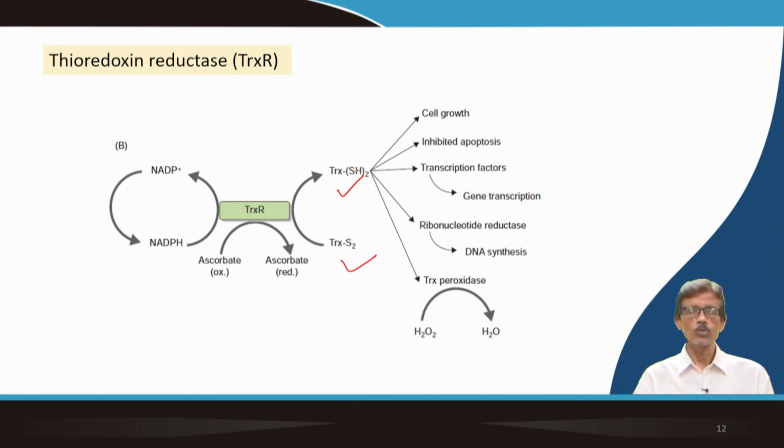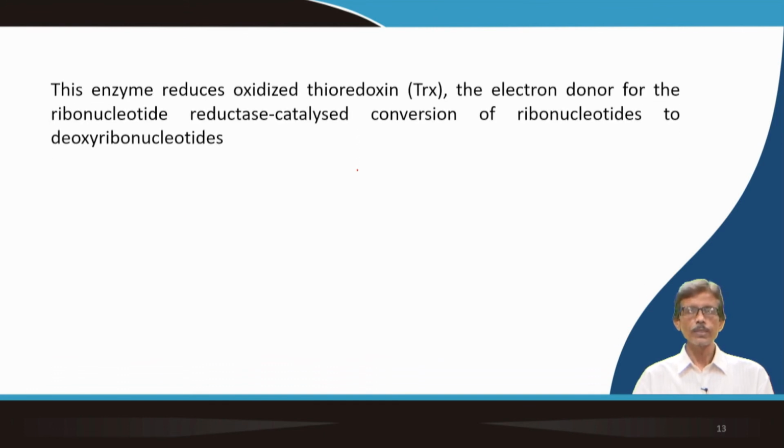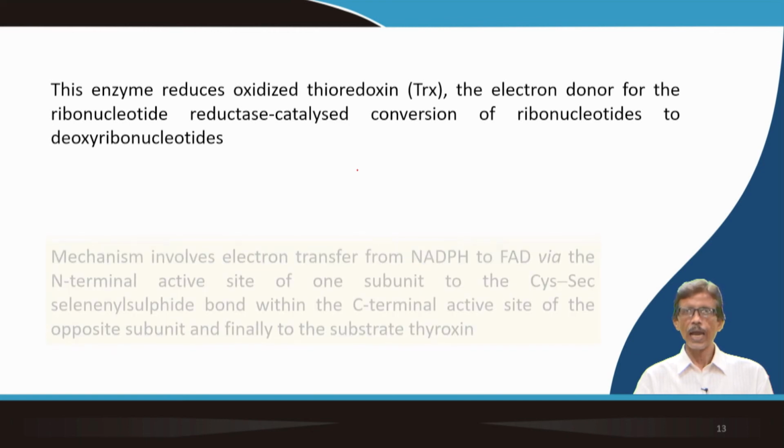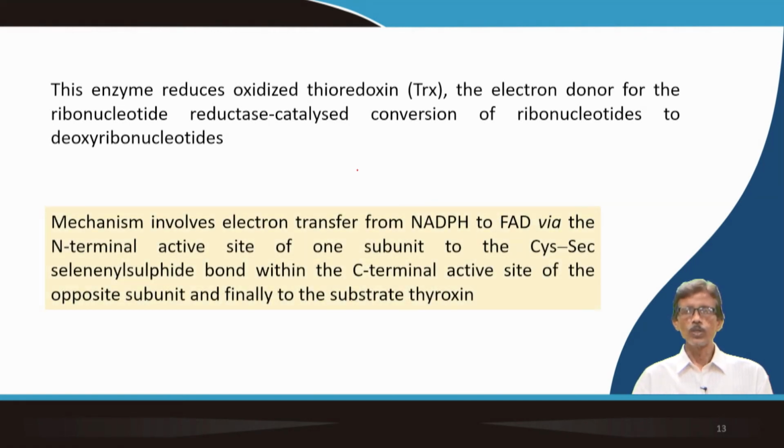We will know about this when we talk about all these enzymes. Thioredoxin is the enzyme that reduces the oxidized form, an electron donor for the ribonucleotide reductase that we have just seen, to give the corresponding deoxyribonucleotide. So, ribonucleotide reductase is always known for DNA synthesis.